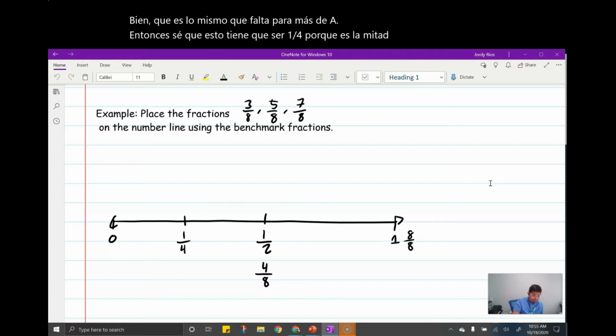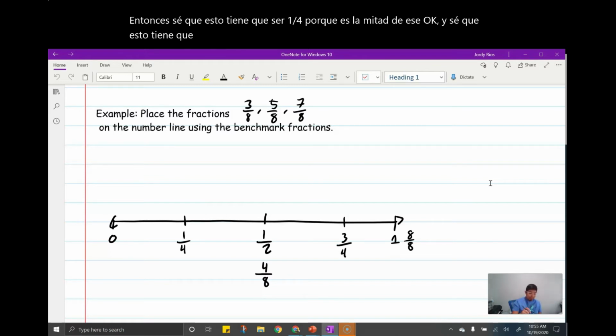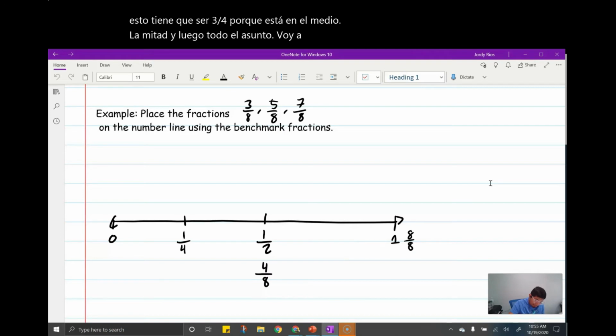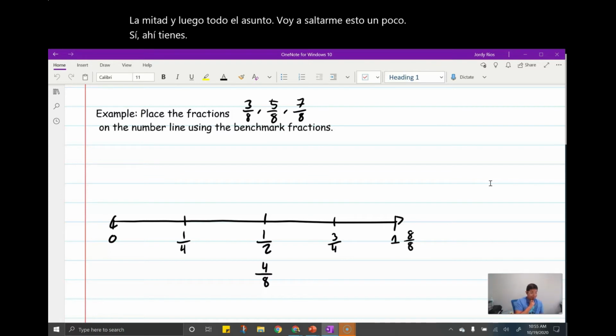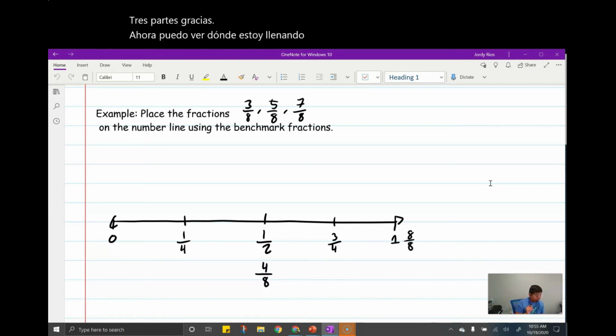And I know that this has to be 3/4, because it's in between a half and then a whole, okay? I'm going to scoot this over just a little bit. 3/4, okay? Now we can kind of see where I need to fill in my number line.